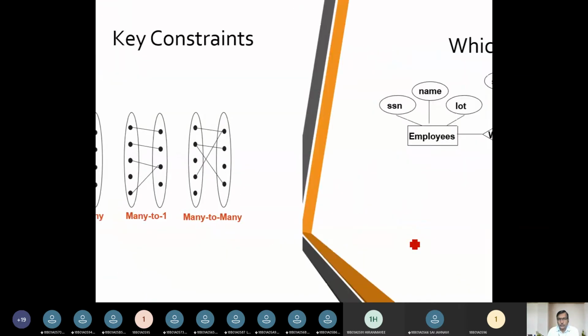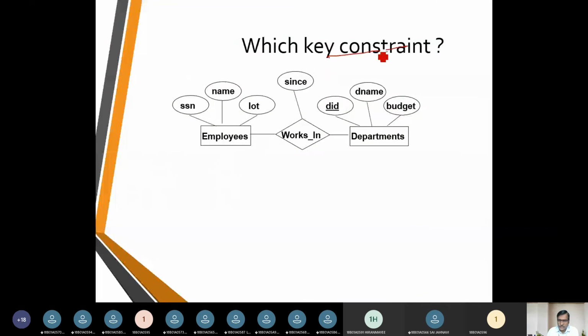So here we do have another new word called key constraint. As far as a key constraint is concerned, we have to see that it should be not null, nor should it be duplicated, it should be unique, and thereby it acts as a primary key.